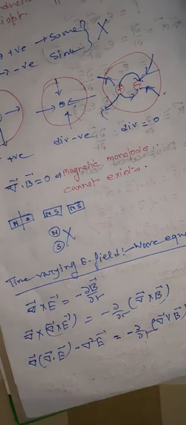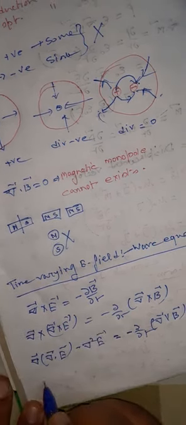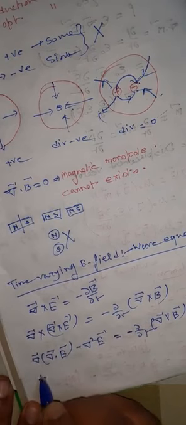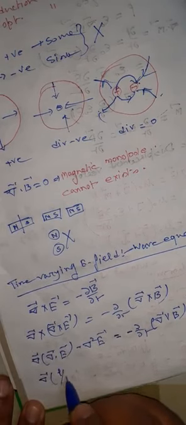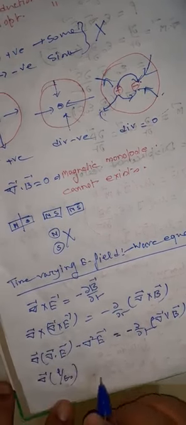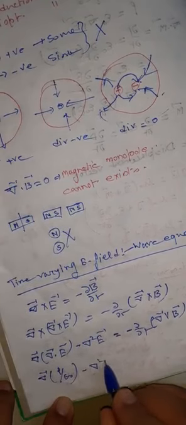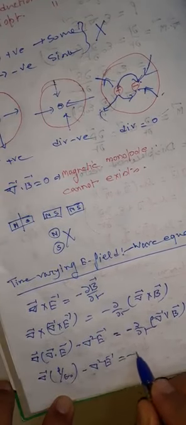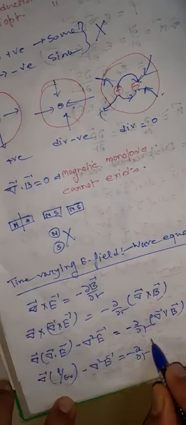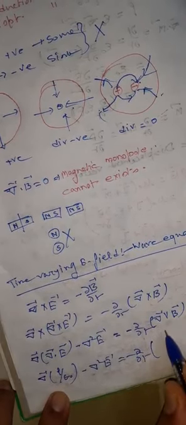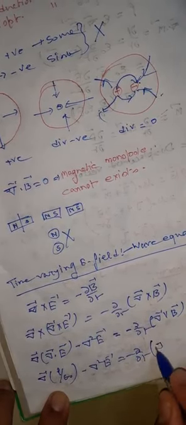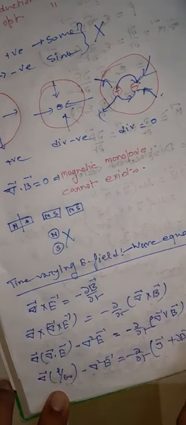So we can put it like this: the first term will be gradient of rho by epsilon 0 minus grad square E, is equal to minus del T of curl B, and the equation for curl B is J plus del D del T. Go back to your class notes, open your class notes while watching the video. That will be better for you.